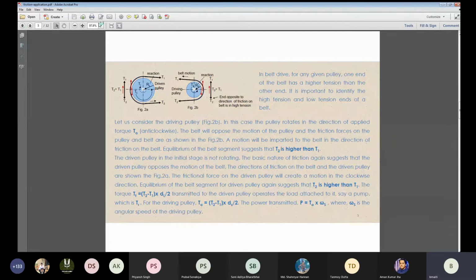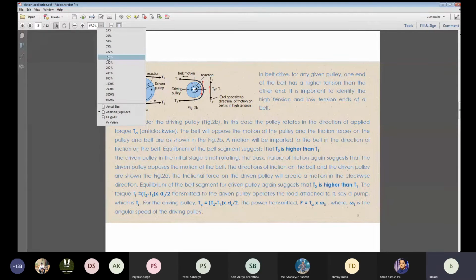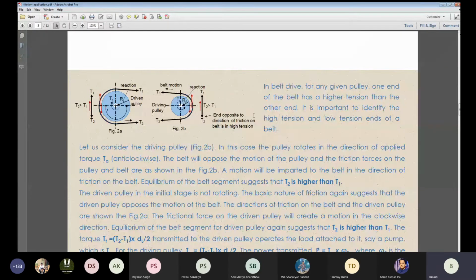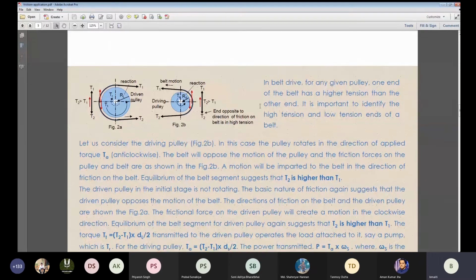Let me increase the figure a little bit. So you can understand that in this particular case, T2 minus T1 is in the same direction. It equals T. So T equals T2 minus T1 multiplied by its radius.